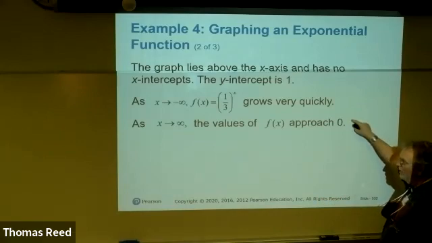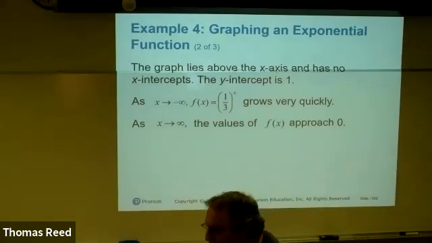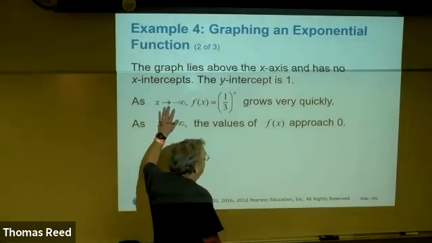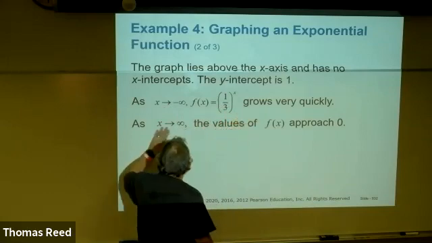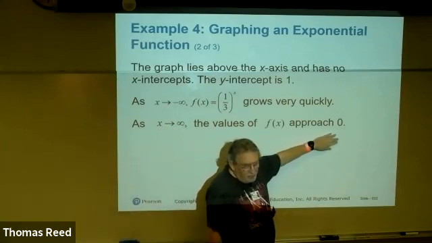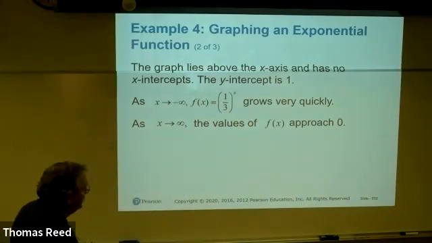So now, it kind of flip-flopped what happened with 3 to the x. Now, when x goes to negative infinity, the y values get very large. And now when x goes to positive infinity, the y values get very small. They approach 0. The larger x gets, the closer to 0 you are.